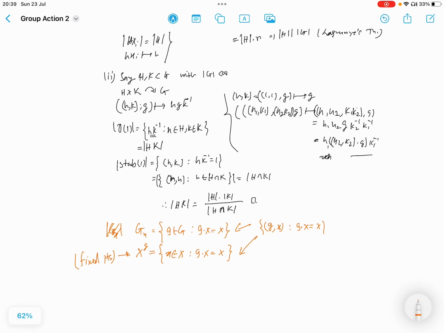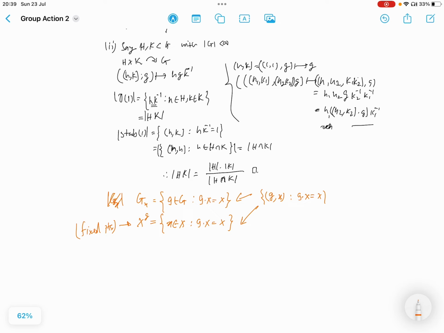And in this case, the orbit of x is just the singleton x, right? Because if you act any g on x, you will again get x. So in this view, you will get the cardinality of x is just the orbit of x. But you can do even more with this. You can take all those elements which are the fixed points and just take them outside. All of them have singleton orbits.